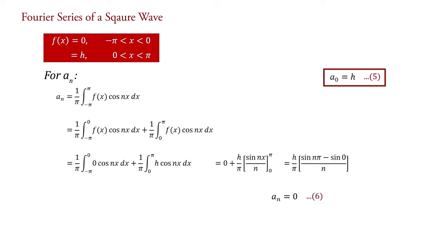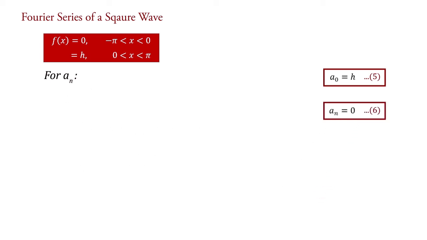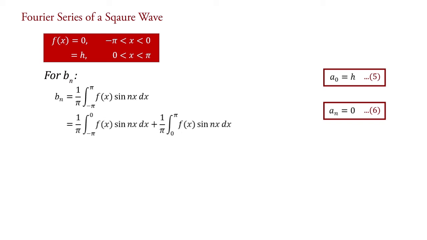Say equation 6. Now bn equal to 1 upon pi integral minus pi to pi f of x sin nx dx. Here we also divide the integral into two parts. Therefore, bn equal to 1 upon pi integral minus pi to 0 f of x sin nx dx plus 1 upon pi integral 0 to pi f of x sin nx dx.